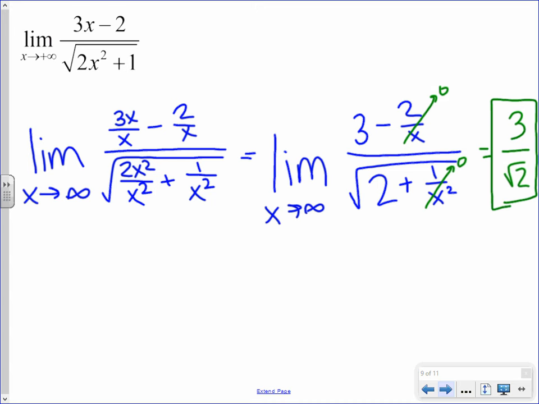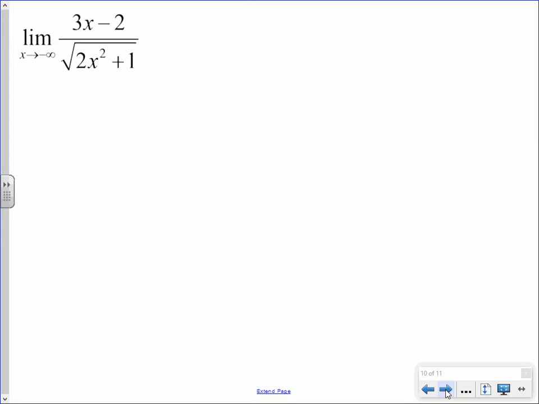Where we have to be careful with this, like I mentioned before, is that the square root of x squared is x as long as x is positive. If we approach negative infinity, same function, now our limit is negative infinity. We have to be careful with this radical.